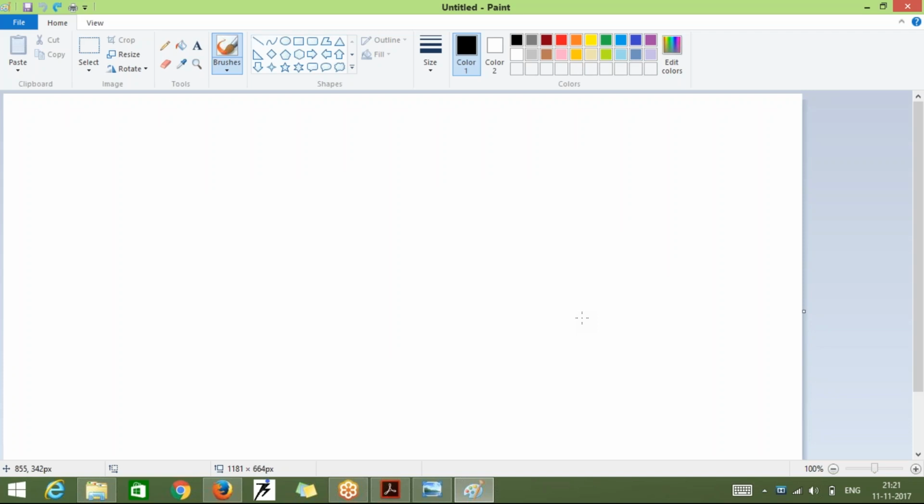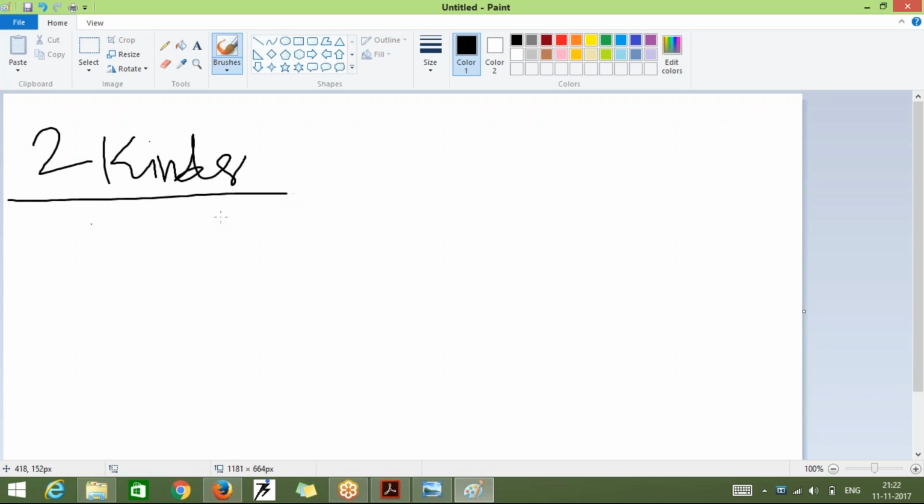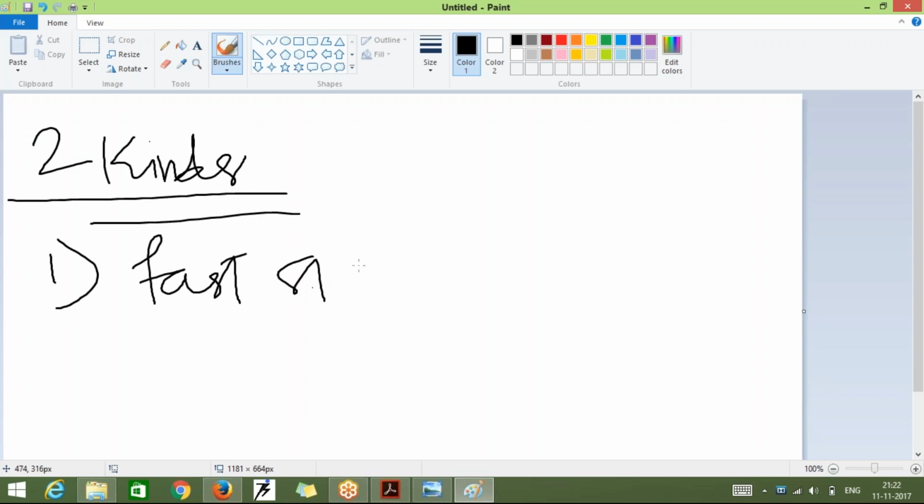There are two kinds of stochastics. You will be finding that in your trading terminal also. One is a fast stochastic and the second one is a slow stochastic.